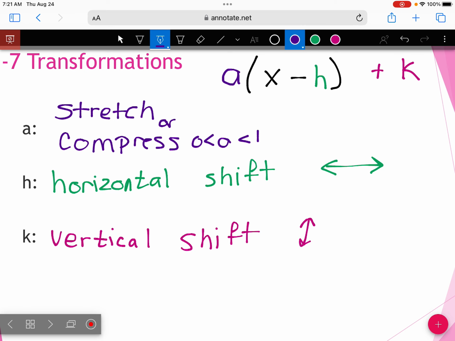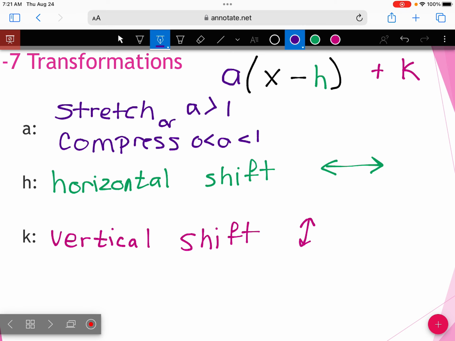The way we think about it is, when A is a little number, it's just so cute, I want to squish it. It's a compression. And when it's a number bigger than 1, A is a big kid doing its big kid yoga. So it stretches when A is bigger than 1.